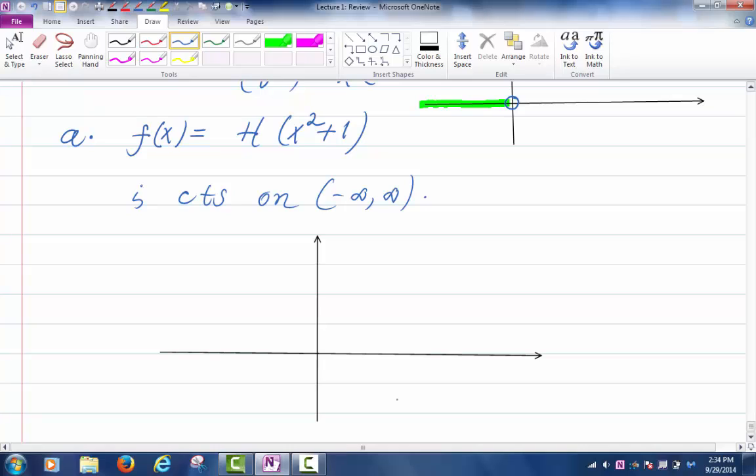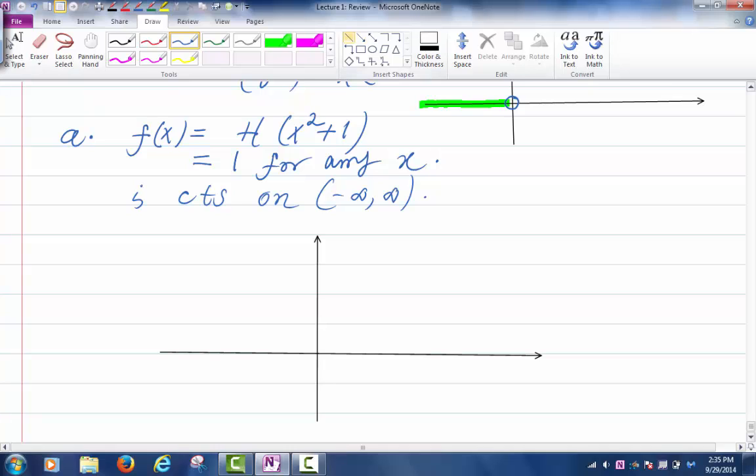So in fact, the function f is always 1, isn't it? No matter what x, for any x. For any x, the function f is always 1, isn't it? No matter what x is, x squared plus 1 is positive, so h at a positive input is always 1.